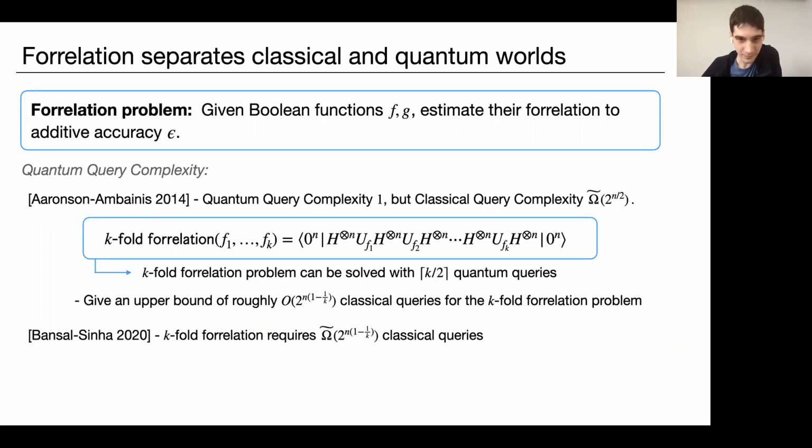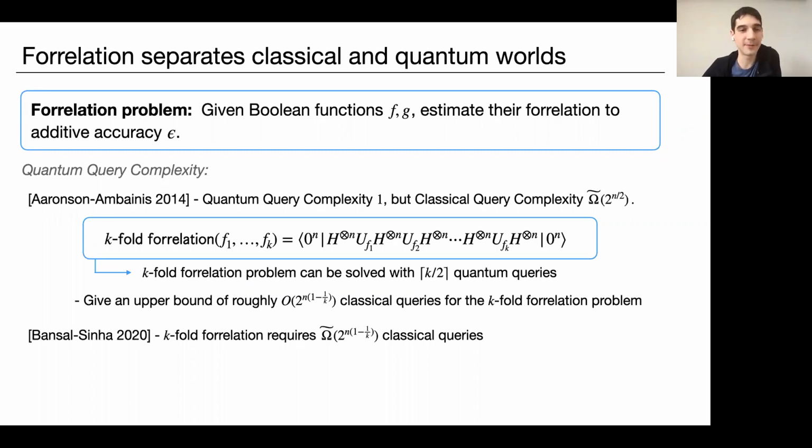And so once again, this is witnessing the maximum separation you can have with k/2 quantum queries. I think I failed to mention that once again, this result was proved for general k/2 query algorithms. So any query algorithm that has k/2 queries can be solved with 2 to the n times 1 minus 1 over k classical queries.